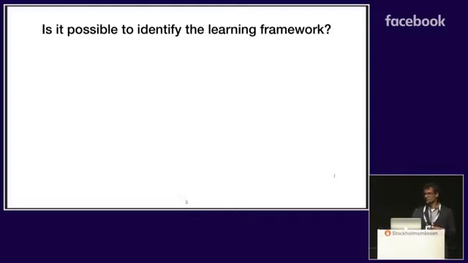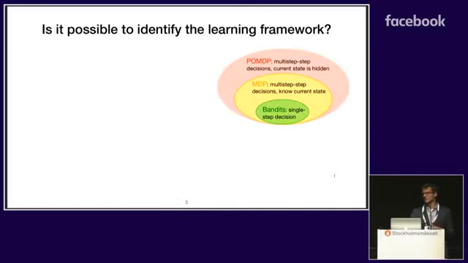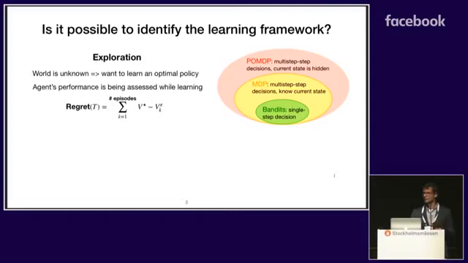I guess the first question is, is this even possible? Can we identify the learning framework? We have POMDPs, MDPs, and bandits. They are subsets: bandits are a subset of MDPs. And we are going to focus on the problem of exploration. In exploration, the world is unknown.